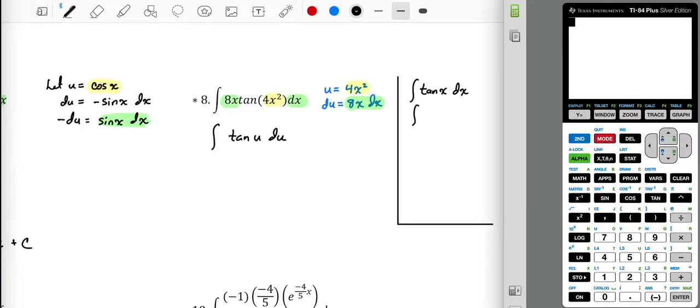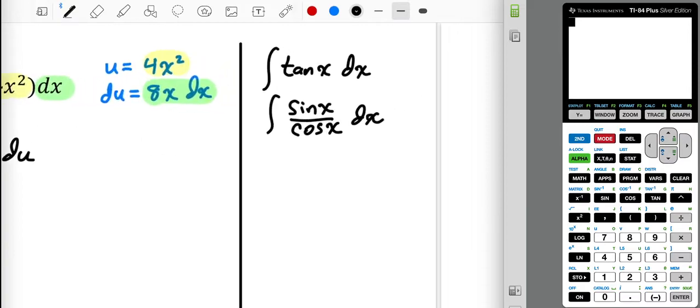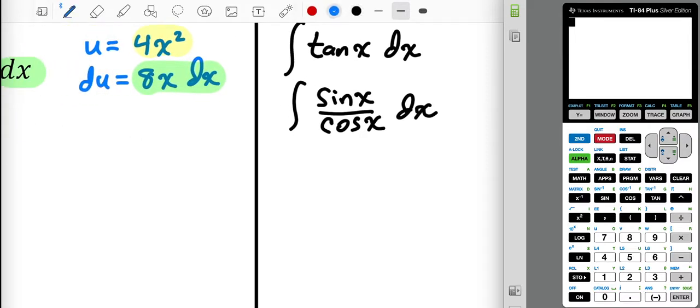We could rewrite that as sine of x over cosine of x. If I let u be equal to cosine of x, du would be equal to negative sine x dx. So almost a clean cancellation.